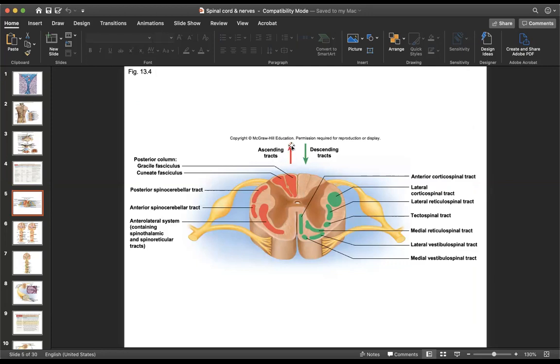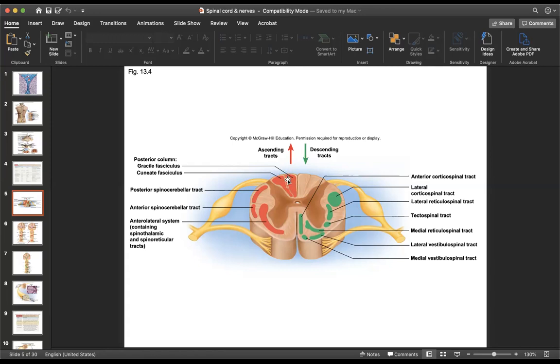The ascending tracts are in red here, and again, they're bilateral. They just show the ascending on one side and the descending on the other side, but both these red and green are bilateral structures. Don't think for one second that the sensory is just carried on one half of the spinal cord.